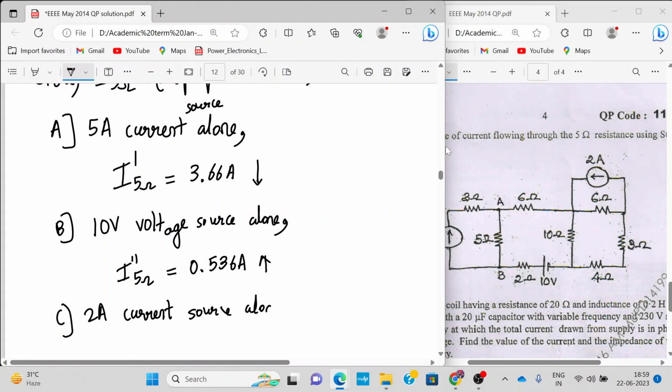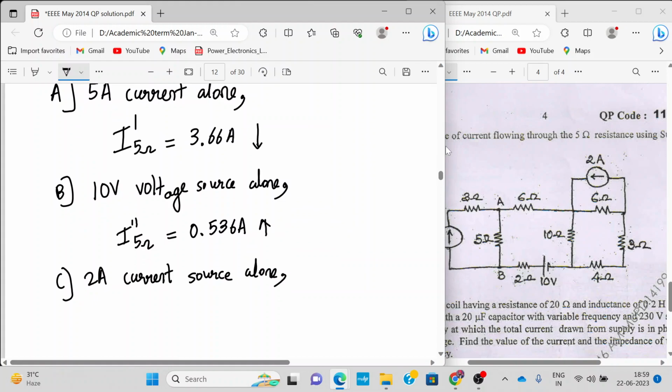When you consider it alone, this answer will be 0.2797 amperes, and that will be down.